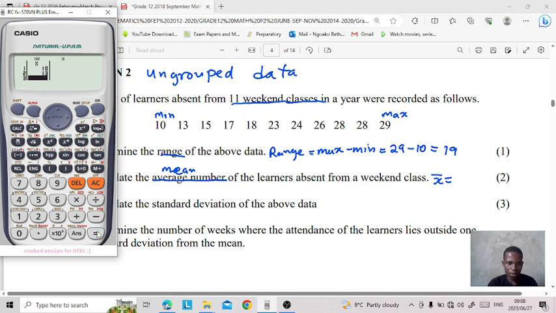After each number, press the equal sign. Then 15 equal sign, 17 equal sign, 18 equal sign.